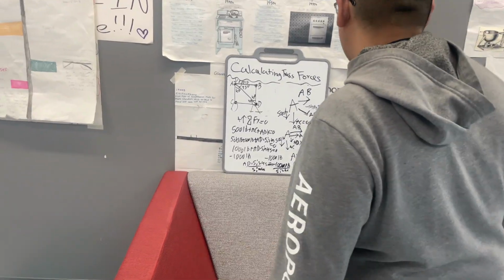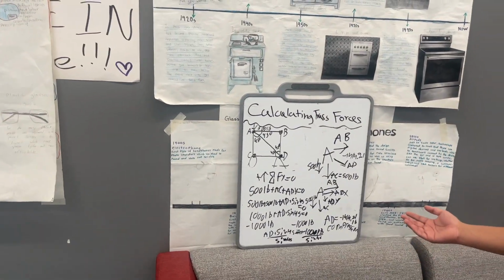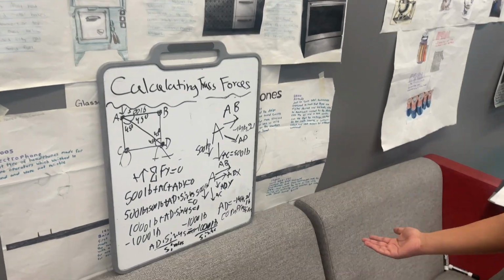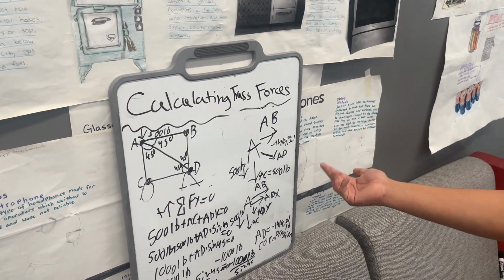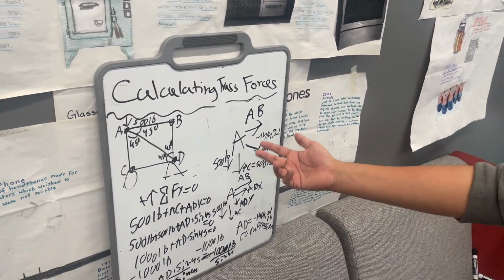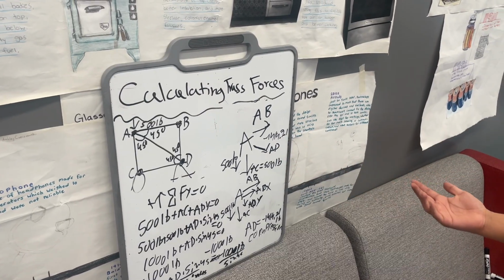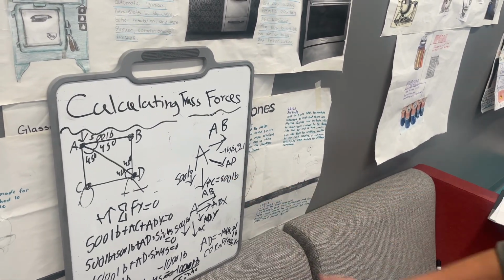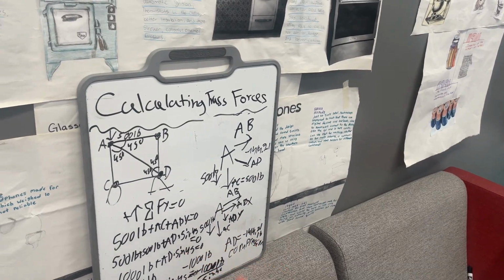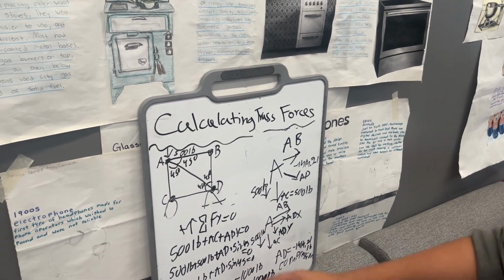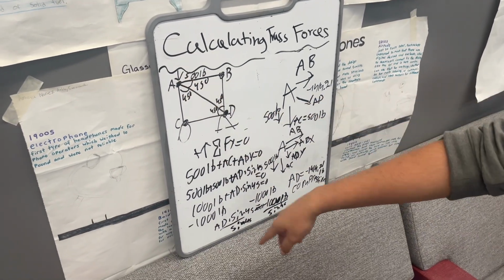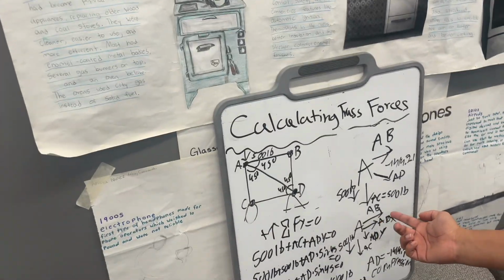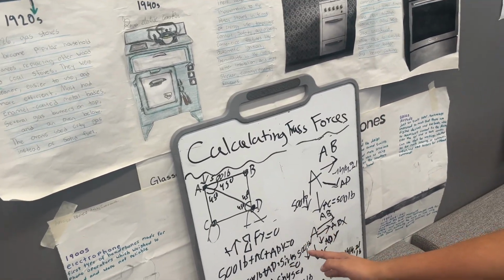Alright, so the next members to find would be AB and AD, since we're doing joint A, because that is the easiest one to do after C, because we already have AC. So let's do the sum of the forces in the y direction, which is equal to 0. It'd be 500 pounds, plus AC, which is also 500 pounds, plus ADY.